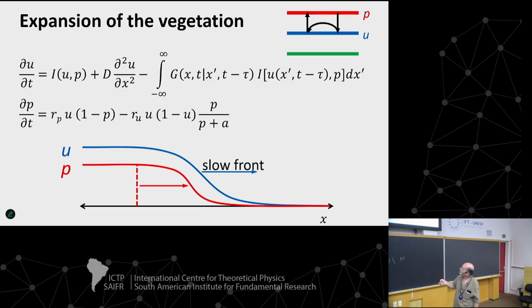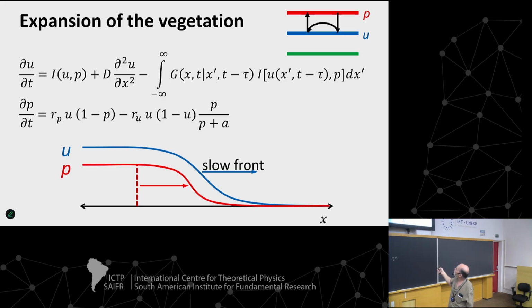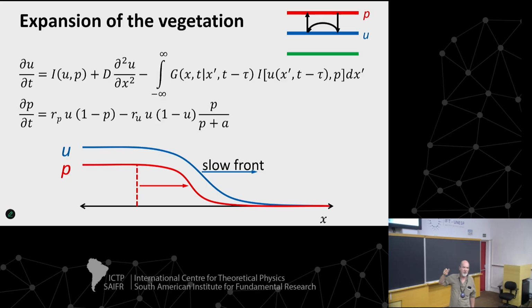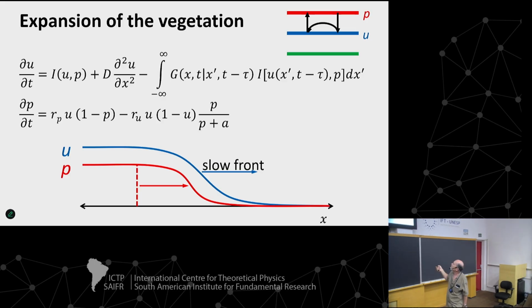If you consider that this one is instantaneous, so you ignore the time for germination, which is actually very fast, but actually this time is the time for the plant to grow and start producing seeds. So it's not just only germination. But anyway, if you just consider the germination, so this is instantaneous, you are left with two variables, and you have a second wave inside the wave of U that I showed you before, the slow front propagating at a constant speed.